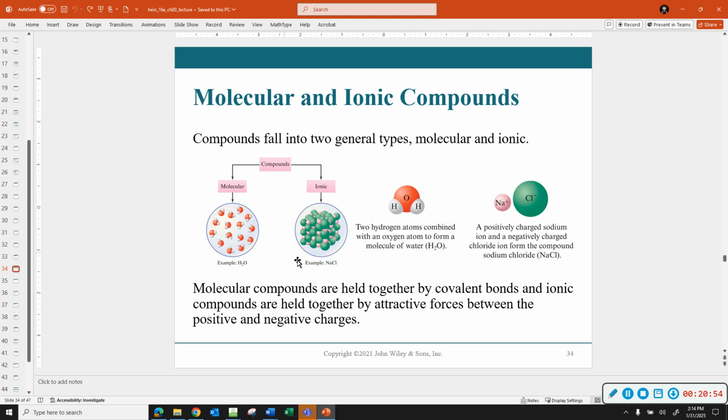Also, ionics typically form a crystal lattice, a repeatable pattern, and they are crystals a lot of the time in nature. Molecular compounds show the true number of atoms in a formula, and they can form crystalline-like structures. Sugar is a molecular compound.